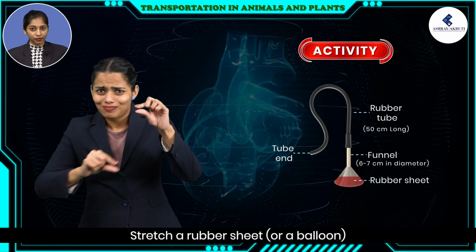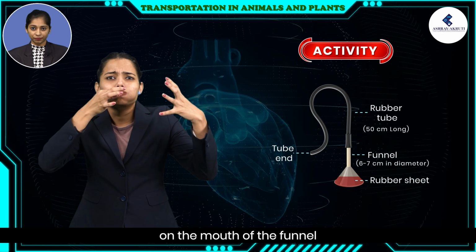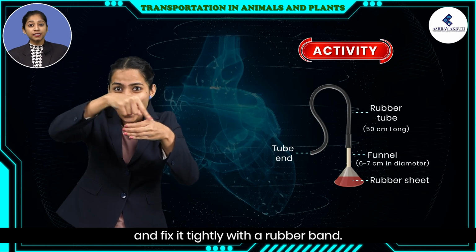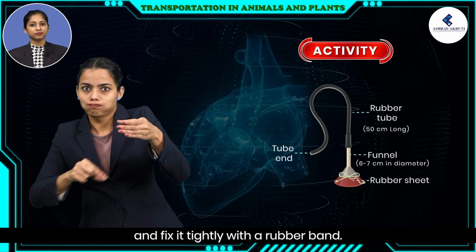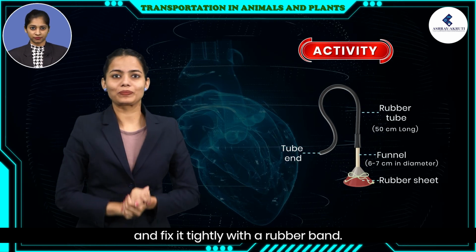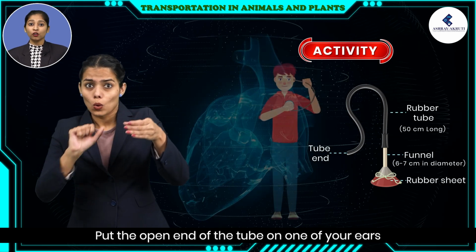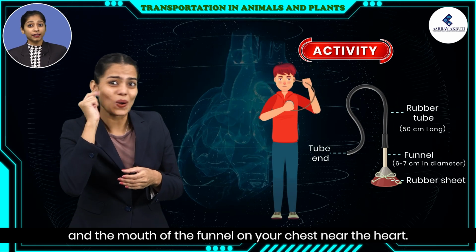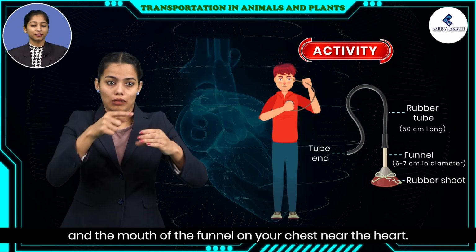Stretch a rubber sheet or a balloon on the mouth of the funnel and fix it tightly with a rubber band. Put the open end of the tube on one of your ears and the mouth of the funnel on your chest near the heart.